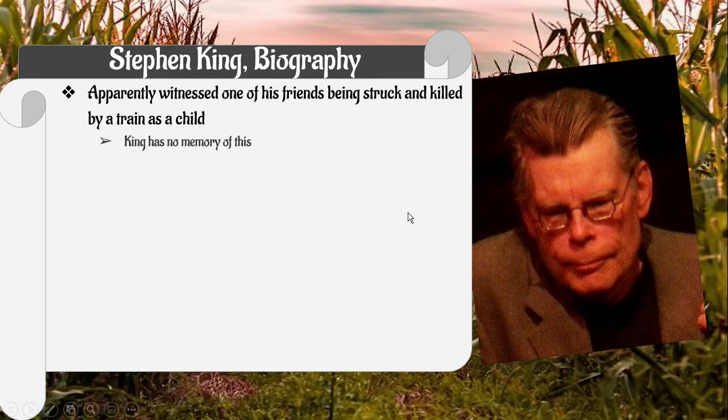He has no memory himself of this, just what he's been told, and he's rarely spoken of it. He makes no mention of it in his memoir On Writing, which came out in 2000. But he has given a couple of interviews where he's mentioned that this is an event that supposedly happened.